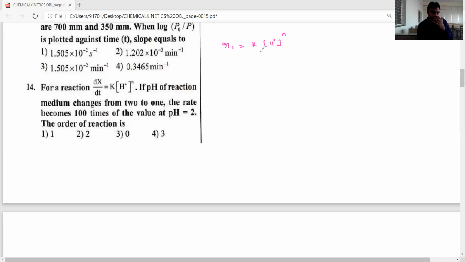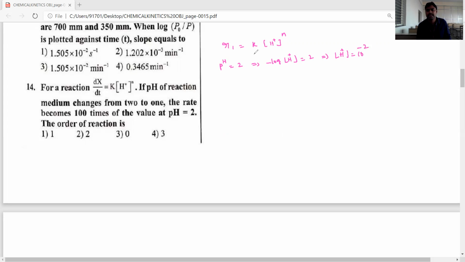Now at R1, pH is equal to 2. pH is nothing but minus log of H plus ion concentration, equal to 2, so the H plus ion concentration is 10 to the power of minus 2.